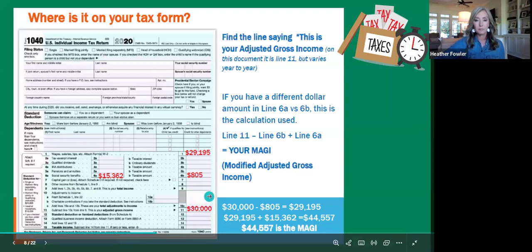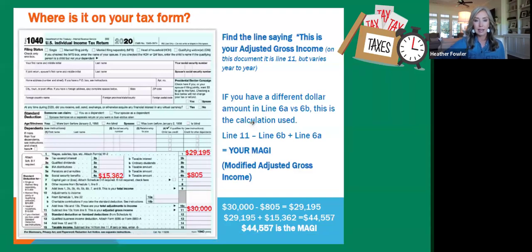But if you have a different dollar amount for line 6A versus 6B, this is the calculation you would use. You would take line 11 and subtract line 6B and then add line 6A. And that gets your MAGI. So you don't have to memorize this, but you may want to take a screenshot of it and save it somewhere and have it handy in case you need to figure that out.